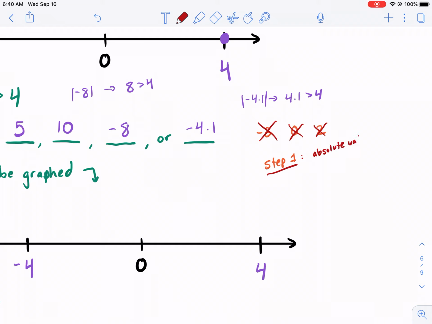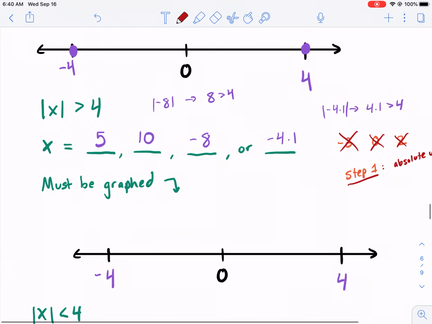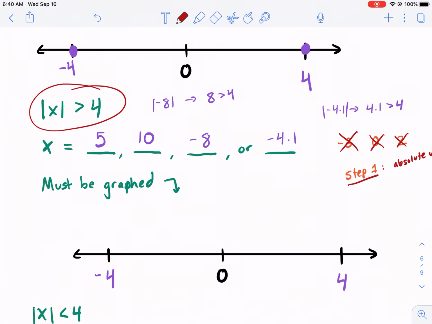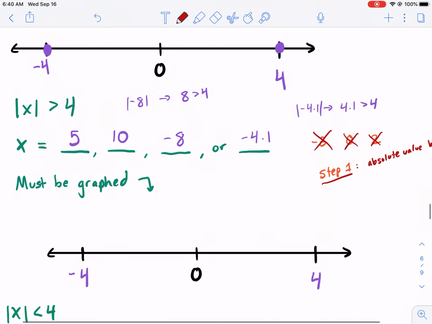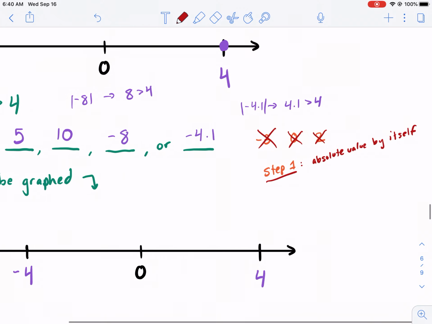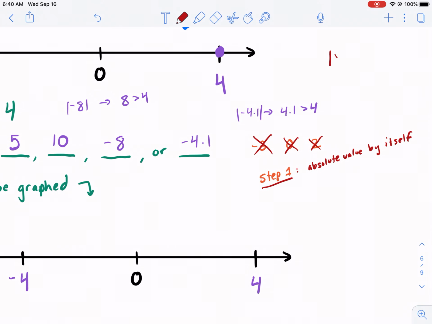We started out this way for this one, with the absolute value by itself on one side of the inequality. So now we have the absolute value of x is less than 4. Anytime we have this, we need to split this.